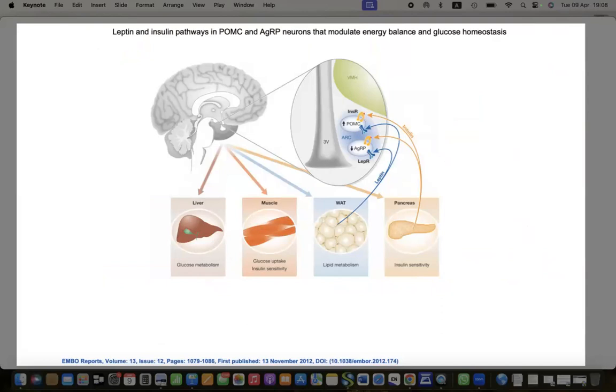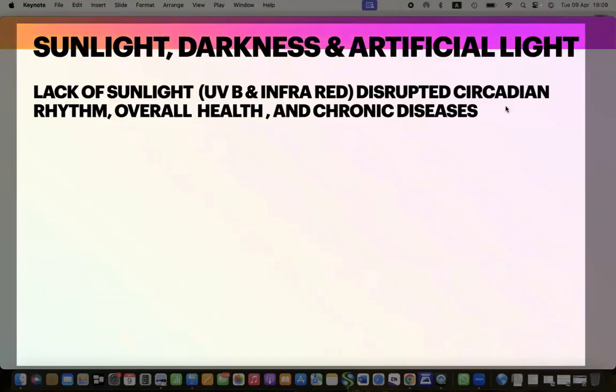This is all via POMC, the agouti proteins working through the hypothalamus. And lipid metabolism is affected by leptin created by what is called white adipose tissue, and insulin sensitivity from the pancreas also speaks through to these parts.